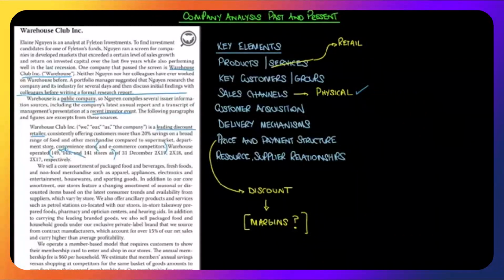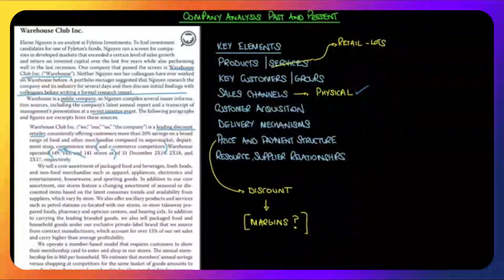We sell a core assortment of packaged food and beverages, so there's their retail, they're retailing food and beverages, and fresh food, and non-food, such as apparel, appliances, electronics, and entertainment, houseware, and sporting goods. So they are in retail, and they retail lots. Where was I up to? I think sporting goods.